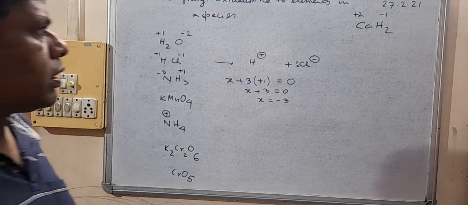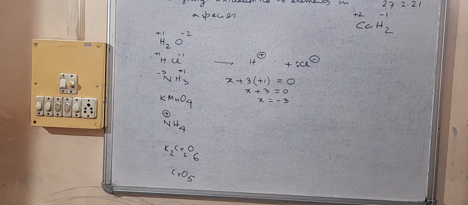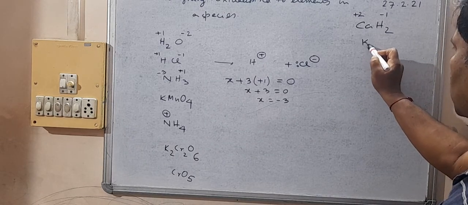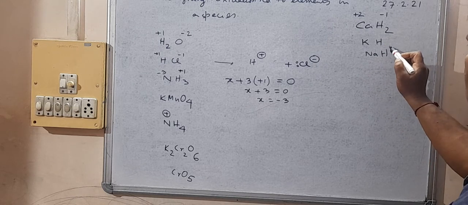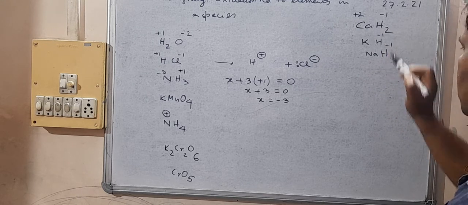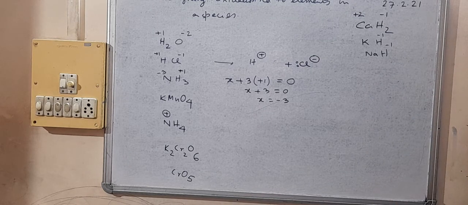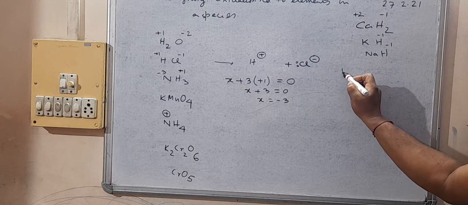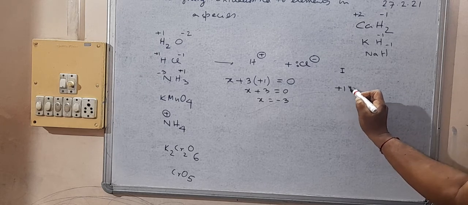So what we have seen here is that hydrogen's oxidation number is plus 1, but in case of hydrides, like calcium hydride or potassium hydride or sodium hydride, hydrogen has oxidation number minus 1. Now generally group 1 elements in the periodic table have oxidation number of plus 1.